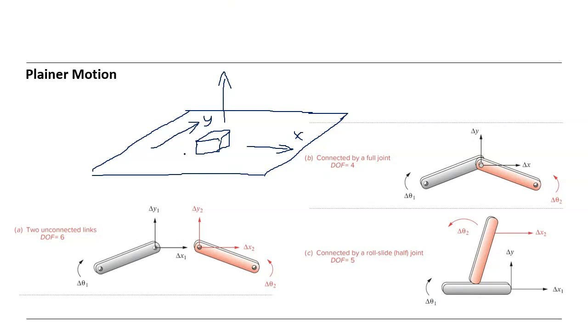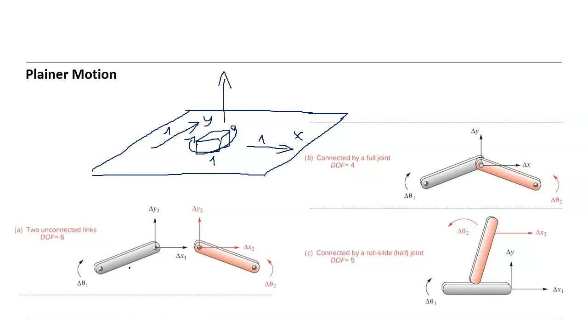So therefore, two motions in x direction and y direction, but it can turn around the z axis, a rotary motion on the plane. That means 1 degree of freedom, another 1 degree of freedom, and this rotation, so that is 3 degrees of freedom.